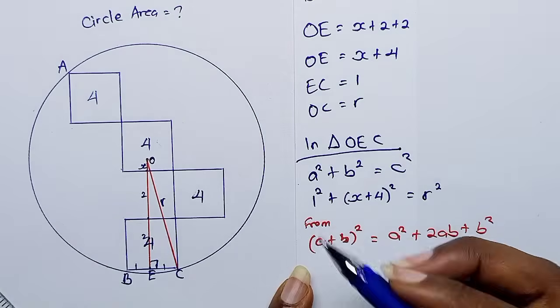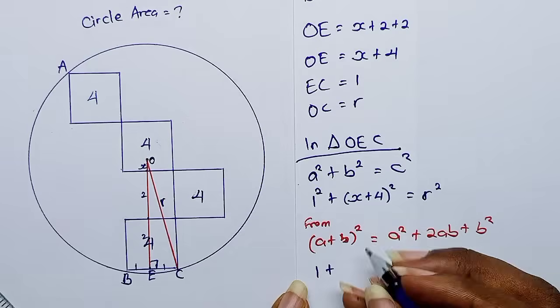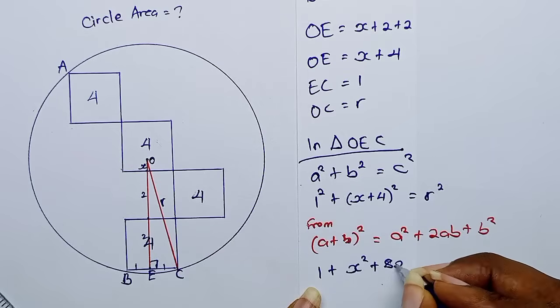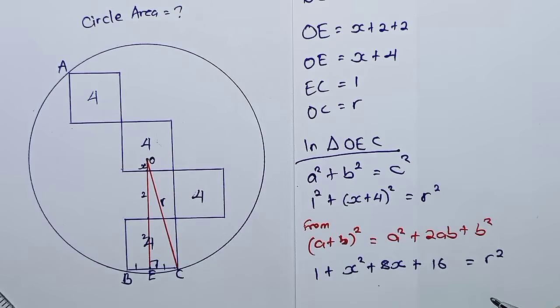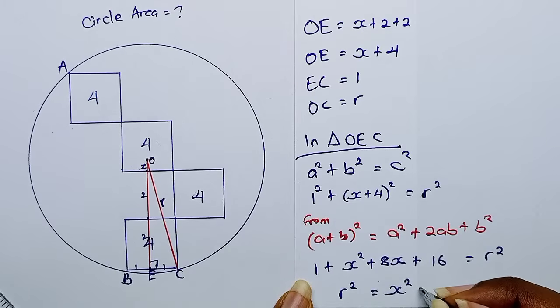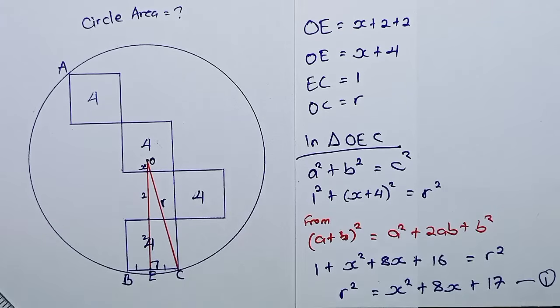We shall have 1 squared, which is 1, plus X squared plus 8X plus 16, equal to R squared. Let's make R squared the subject. Therefore, R squared is equal to X squared plus 8X plus 16 plus 1, which is 17. Let's call this equation 1.